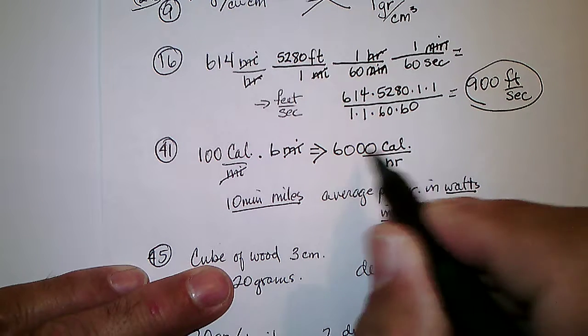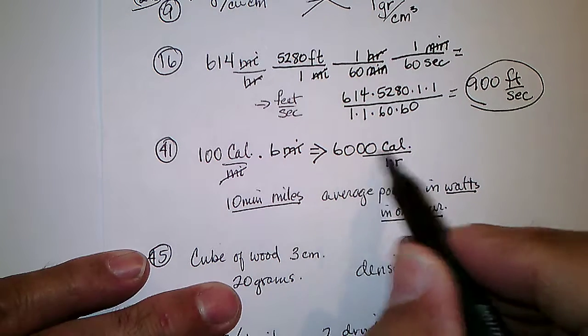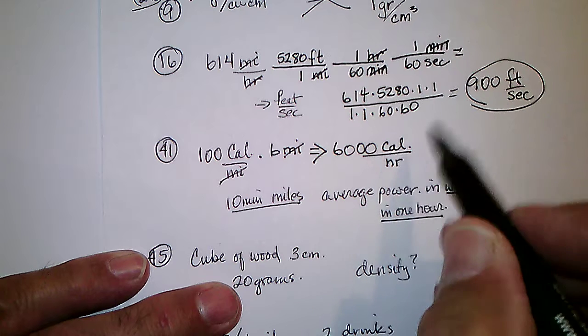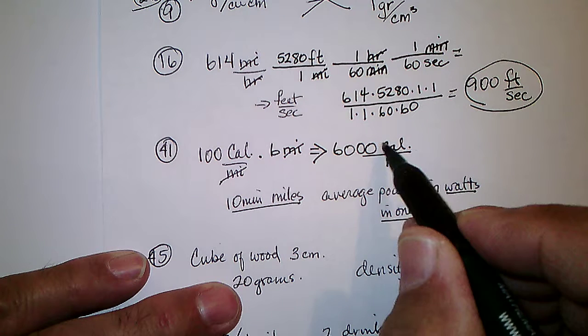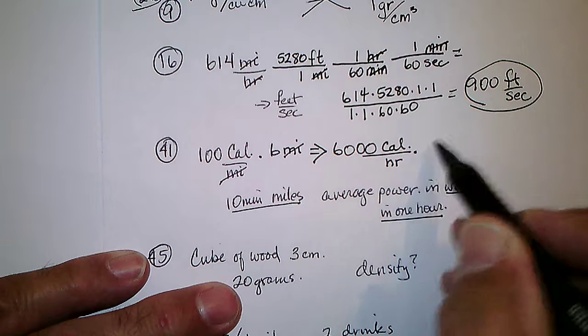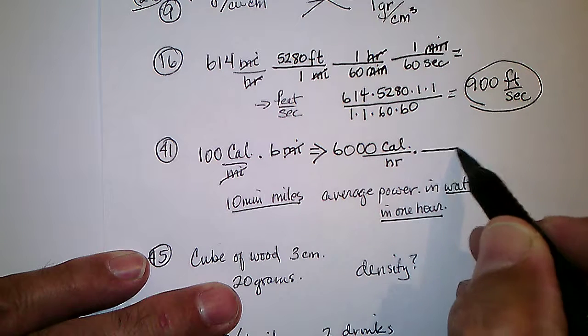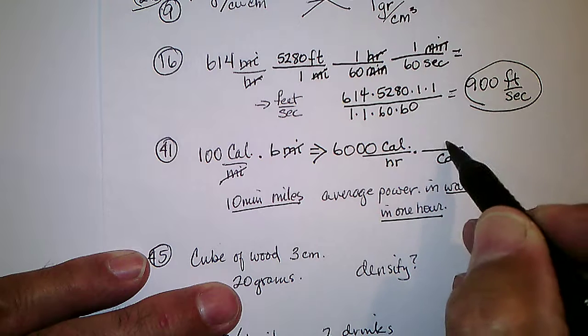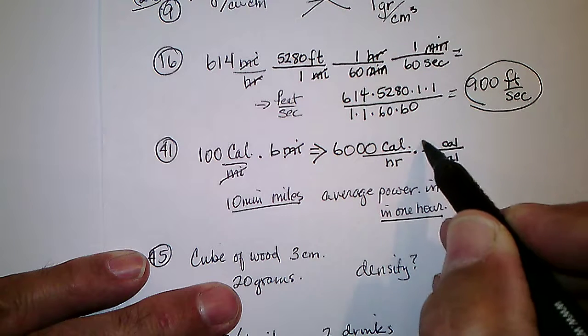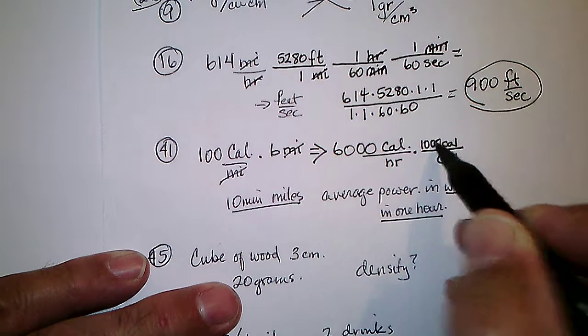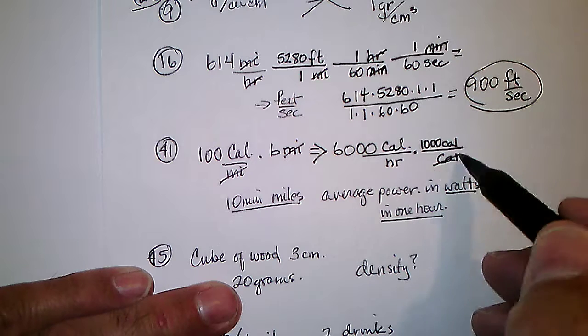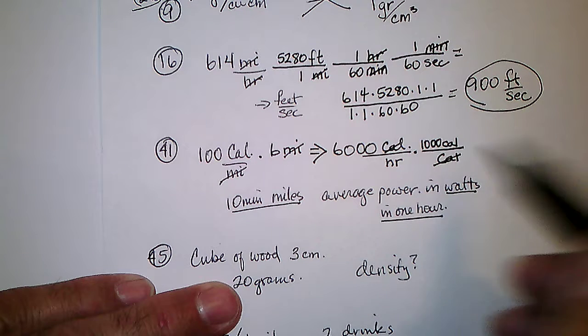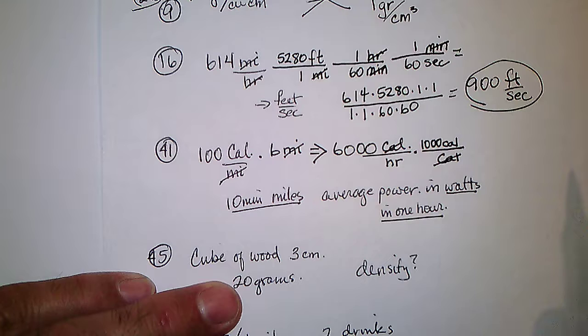So this is dietary calories. So now we have to make it small calories. There's 1,000 small calories in a capital calorie. So now we got it into regular calories.